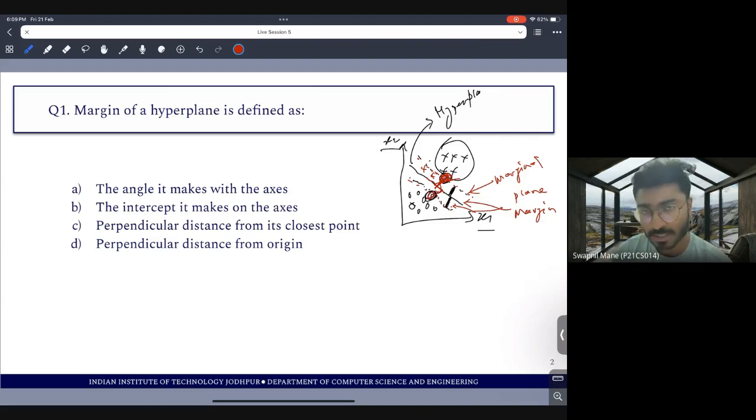Okay. So how we get the distance is 1 divided by 2 and magnitude of w. We have seen this in our lecture, right? So we have taken the difference between this point and this point, and then we are getting this magnitude. Okay, so option C is correct here. Okay, let's move to another question. Is there any doubt in this question?